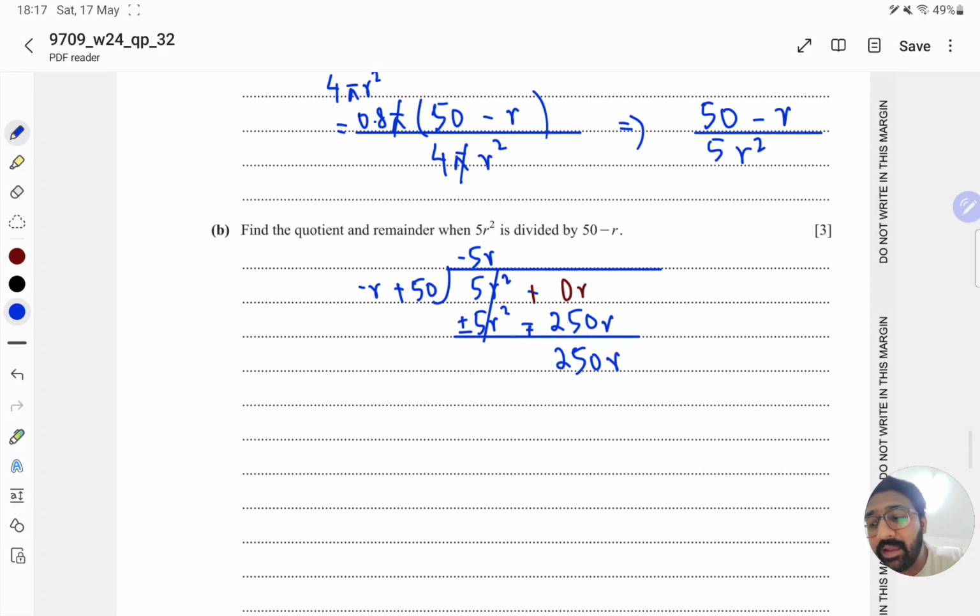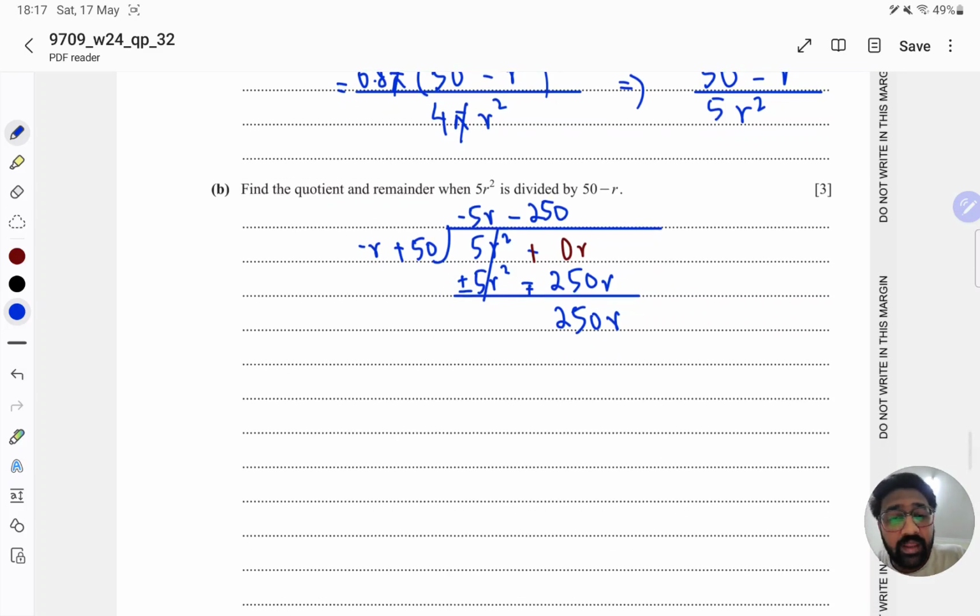Now I will multiply with negative 250. So negative 250 multiplied gives 250r, plus 250 multiplied by 50 is going to be 12500, but the sign is going to be negative 12500.